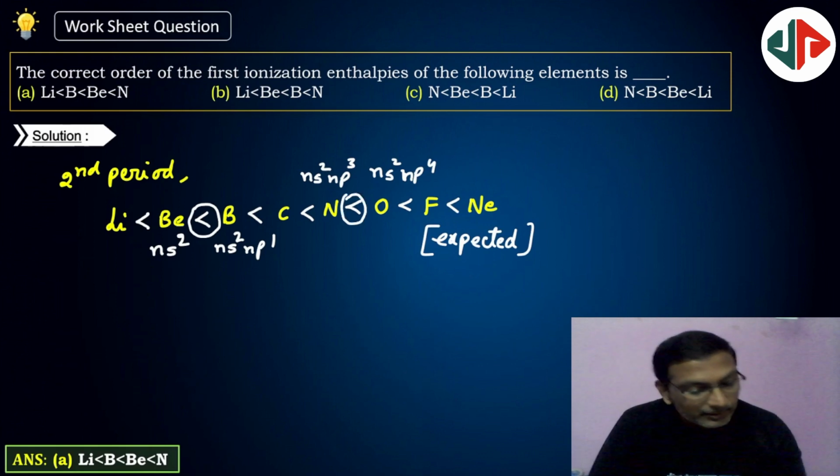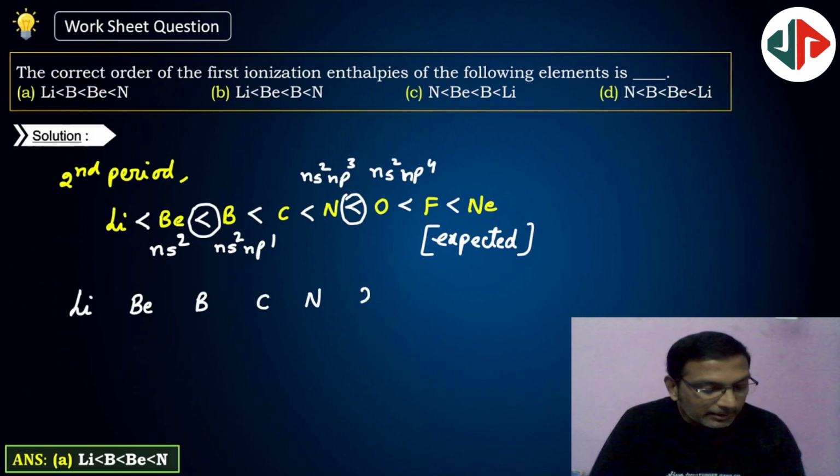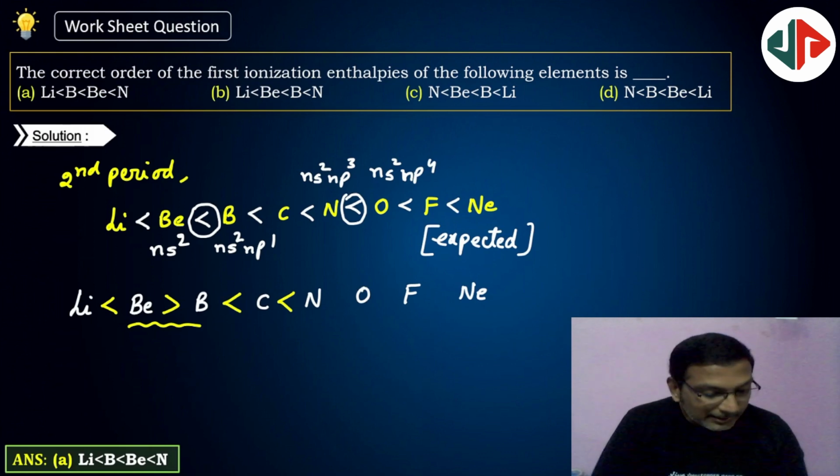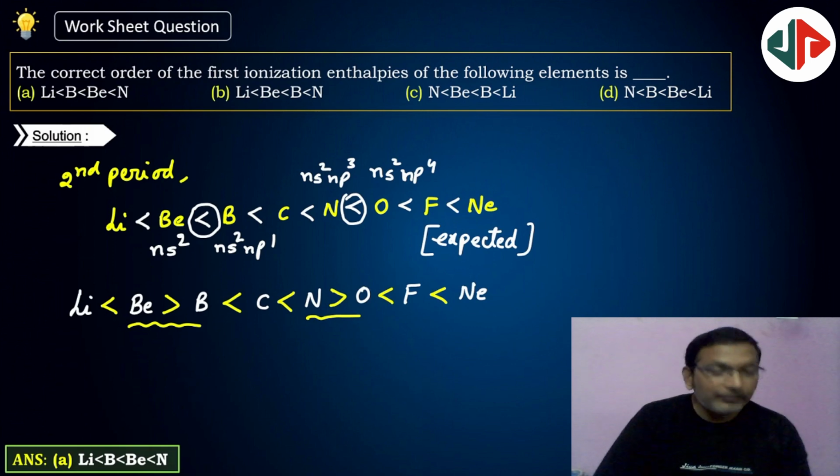So therefore, lithium, beryllium, boron, carbon, nitrogen, oxygen, fluorine, and neon. Lithium to beryllium as usual increase, but beryllium to boron decrease. Order will be reversed. Next, boron to carbon increase. Carbon to nitrogen increase. Nitrogen to oxygen again decrease. Anomalous pair. Next, increase, increase.